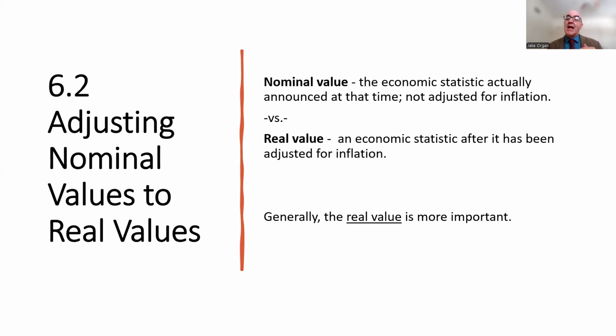A nominal value is an economic statistic actually announced at the time, not adjusted for inflation. So, for example, the U.S. economy in 1960, the GDP might have been $1 billion in 1960 dollars. But because maybe everything's about 5 or 6 times the price these days, in 2025 dollars, that might have been, say, $6 trillion.